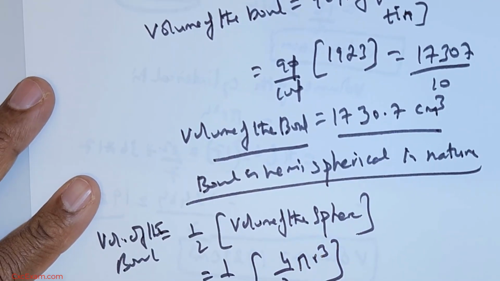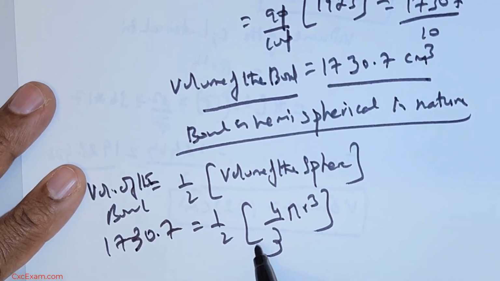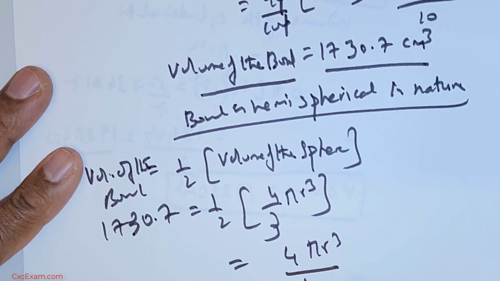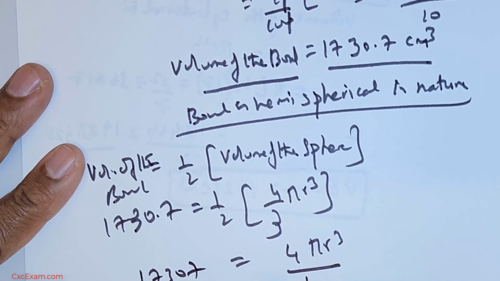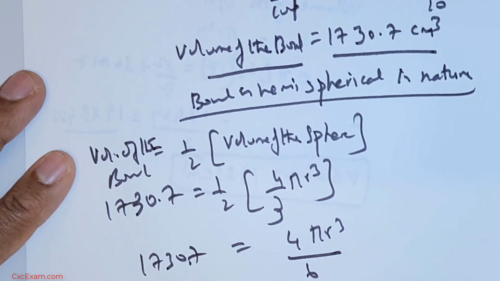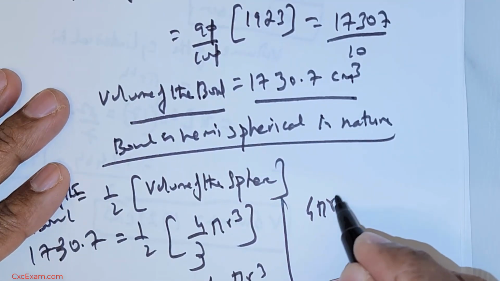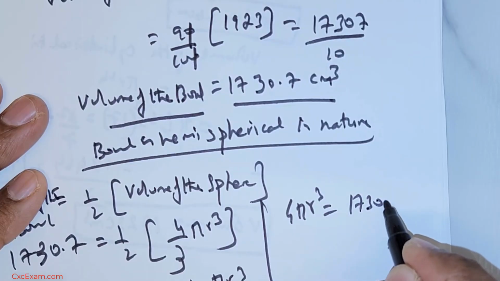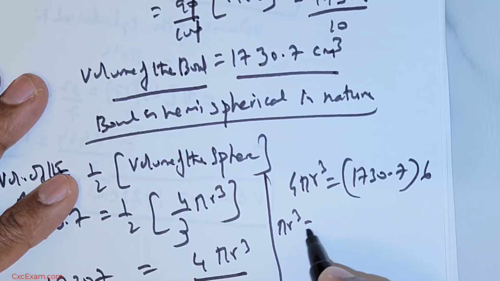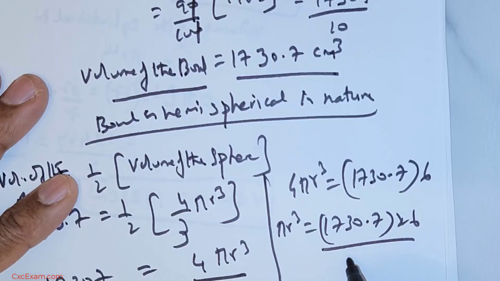The volume of the bowl we have found as 1730.7. Rewriting this, we get 4 pi r cubed divided by 3 times 2, which is 6, equal to 1730.7. If you cross multiply, you get 4 pi r cubed is equal to 1730.7 multiplied by 6. So pi r cubed is equal to 1730.7 times 6 divided by 4.